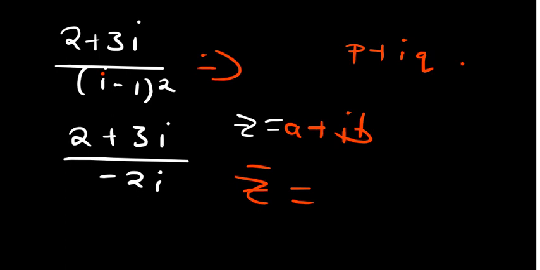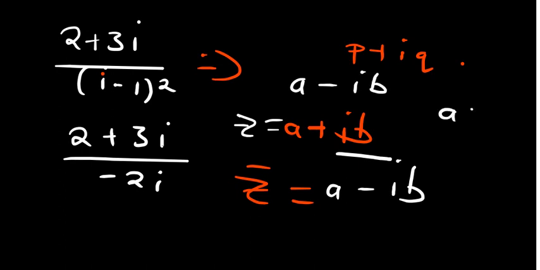You just change the sign of the imaginary part, which is going to be a minus ib. On the other hand, if it was negative, its conjugate would have been a positive. But the sign of a doesn't change, only the imaginary part.